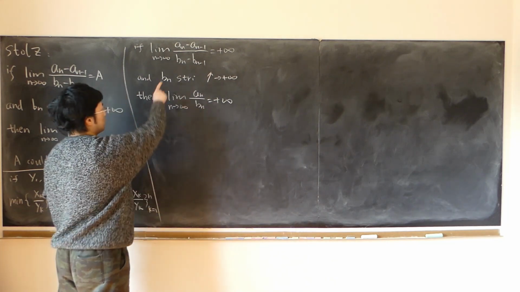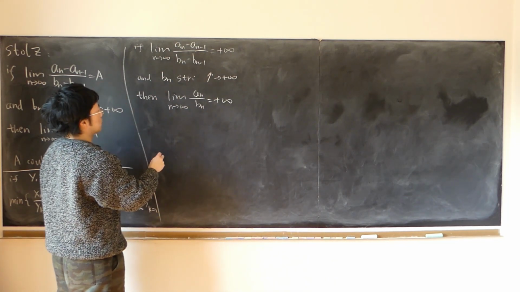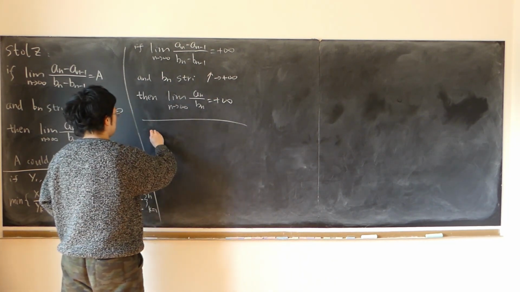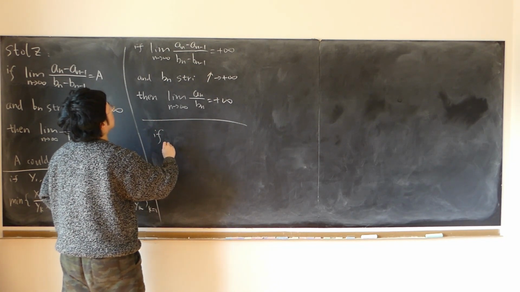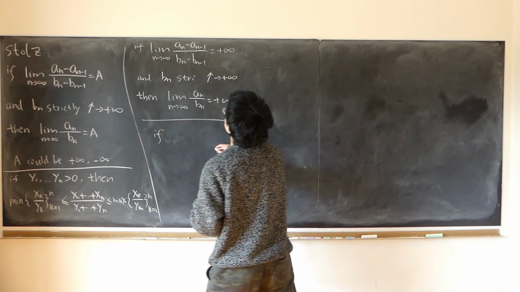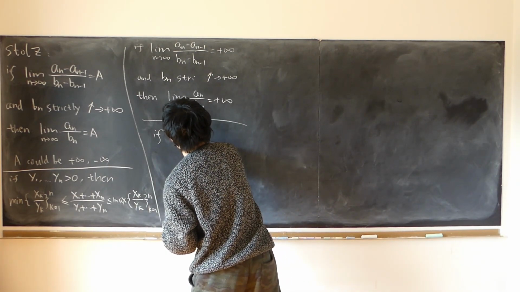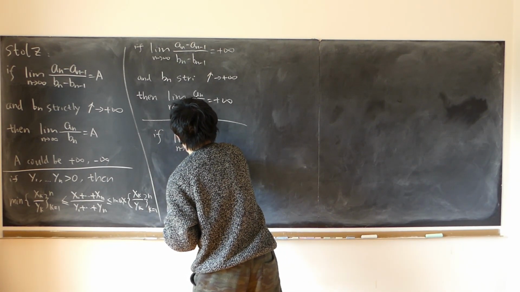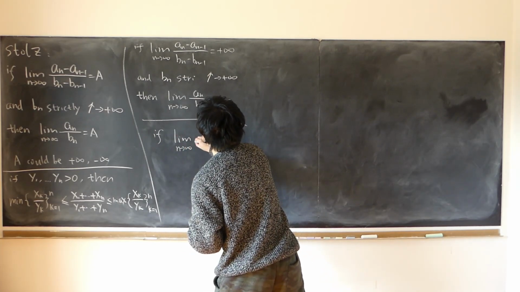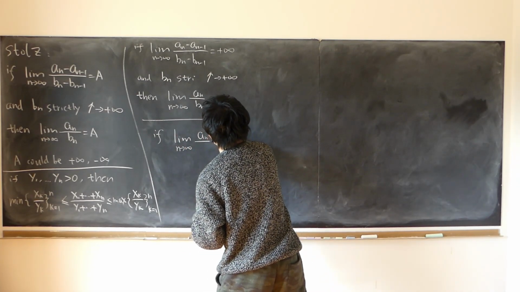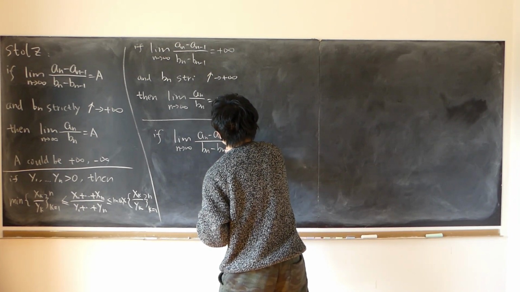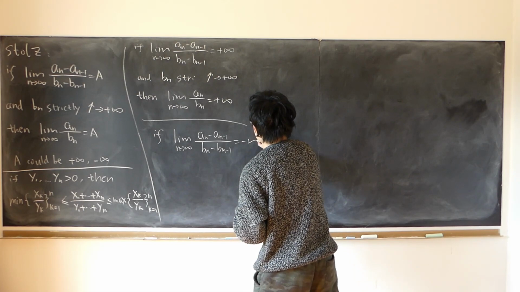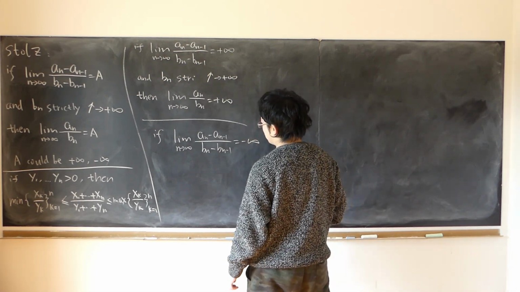Now, what if a is negative infinity? Right? If the limit of an minus 1 over bn minus 1 is negative infinity this time, what will happen?